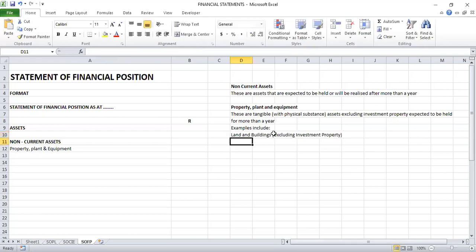We have plant and machinery, furniture and equipment. Some can call furniture and fittings. And in some businesses, furniture can be separate, equipment can be separate. Motor vehicles.